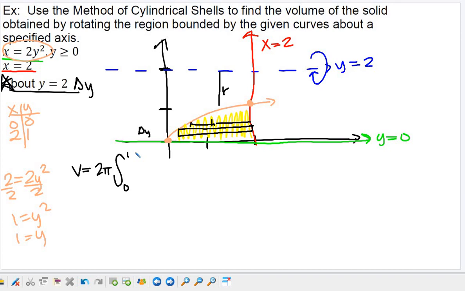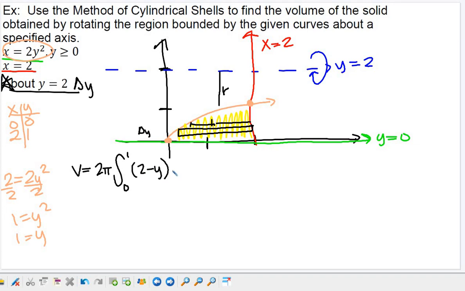Now my radius is a little bit different, because remember, your radius runs from your axis of rotation to your function. So that means this distance, not this distance. So if I just put y in here, it's going to give me this distance. But that's not my radius. This is my radius. So this is just like the ones we did in the previous thing. It's not just y, it's 2 minus y.